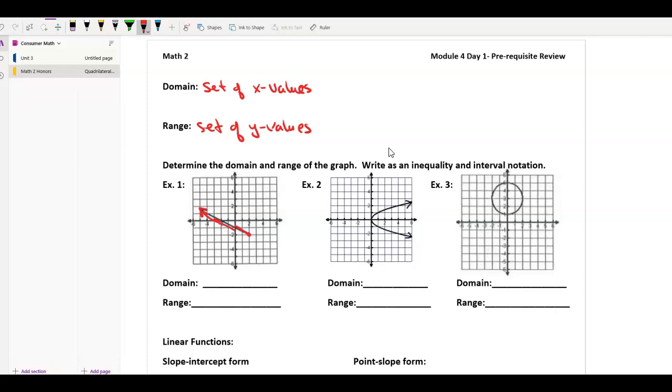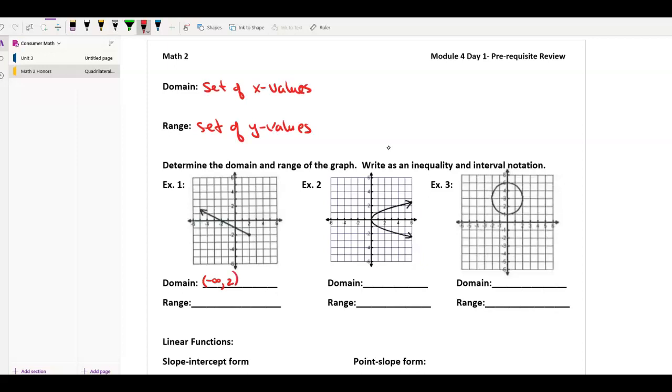If I look at this line, it starts on the way left. So when we talk about the domain, if it goes to the left forever and ever, where are we starting on the left? We're starting at negative infinity. That's a round bracket. And as we travel and look at it, where does it end on the right? It ends at an x value of 2.